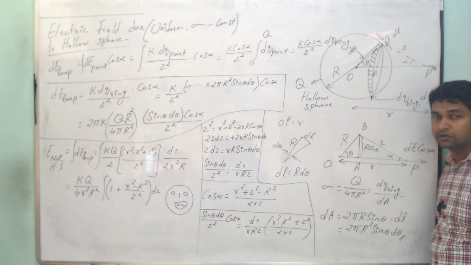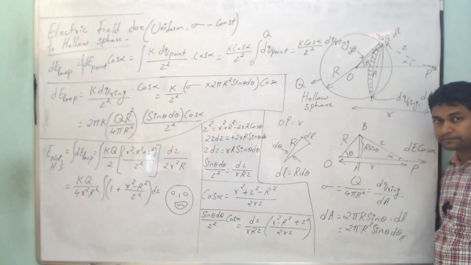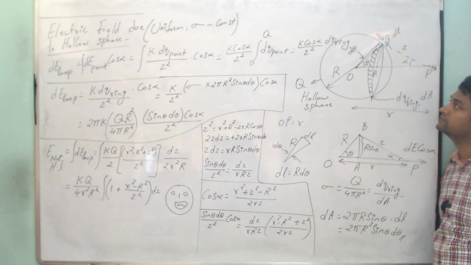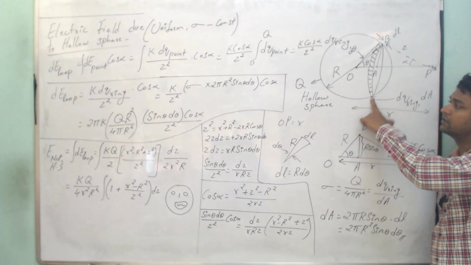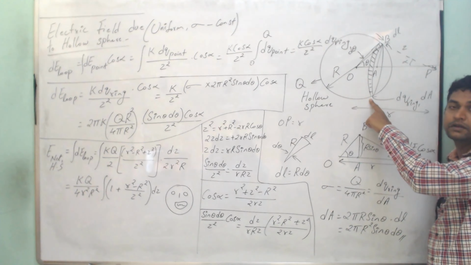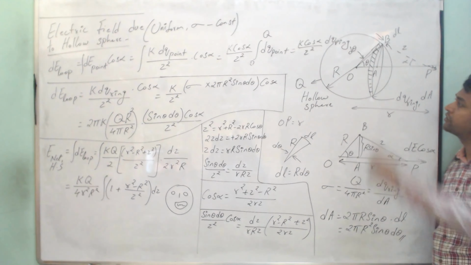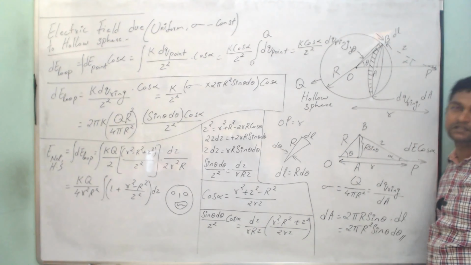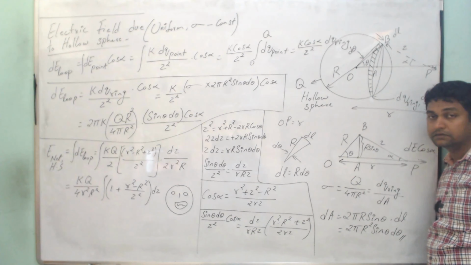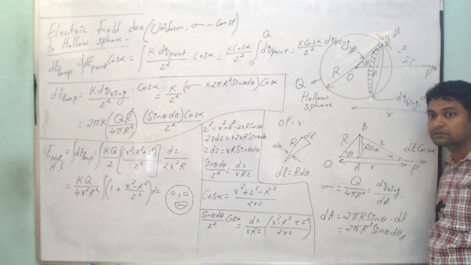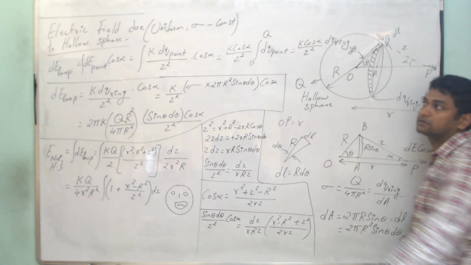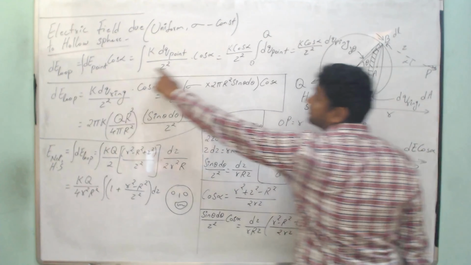If we take R sin theta down, from there to P, you can consider it as a symmetric thing, and that is what we have done here, right?